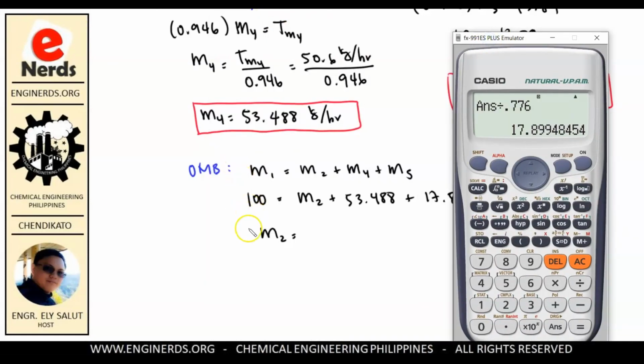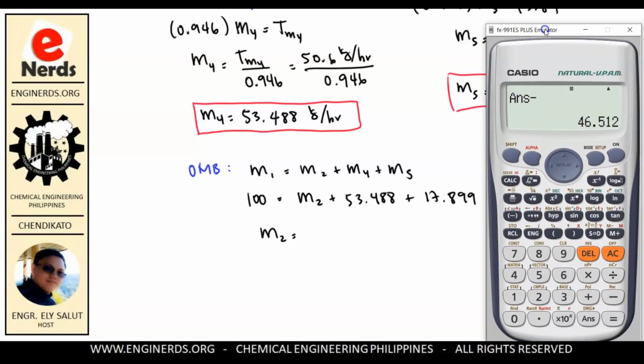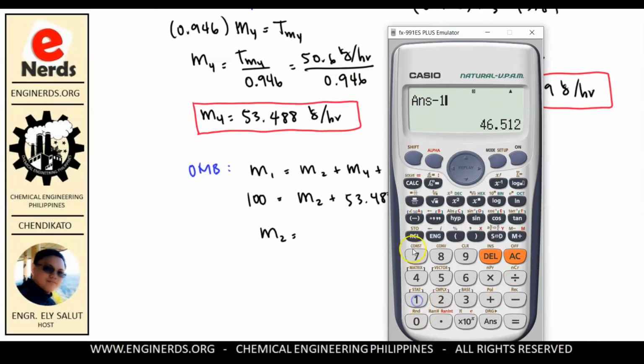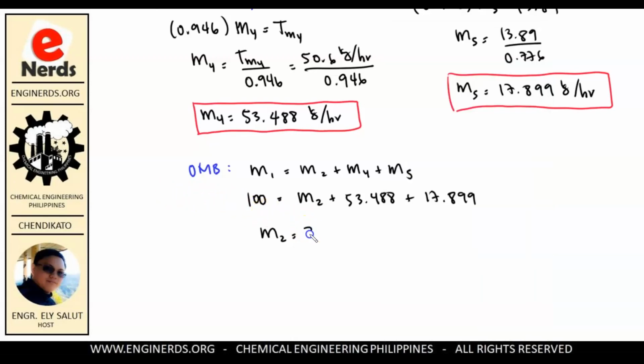So therefore our M2 is equal to, let us calculate this value. We have our M1, which is 100, minus our M4, which is 53.488, then again minus our M5, which is 17.899. So our M2 is equal to 28.613 kilogram per hour.